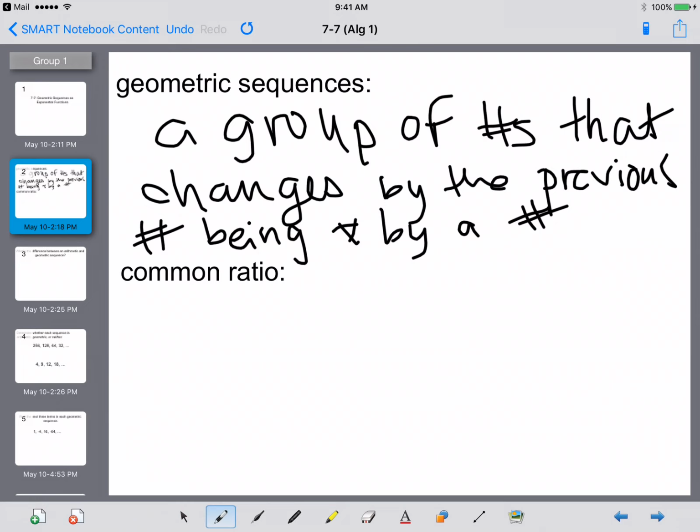So the number that's being multiplied is the same thing throughout the entire sequence of numbers, which would be the common ratio. So the common ratio is the number being multiplied.